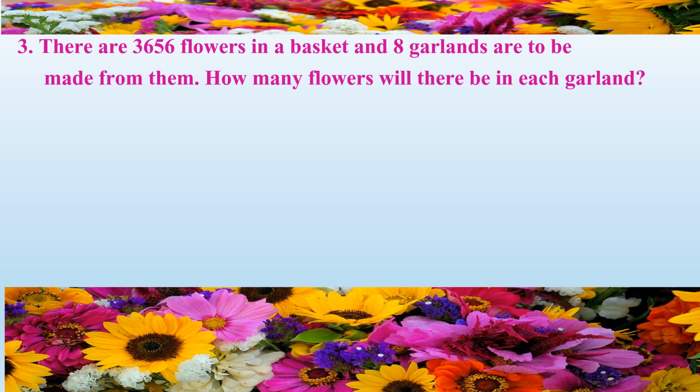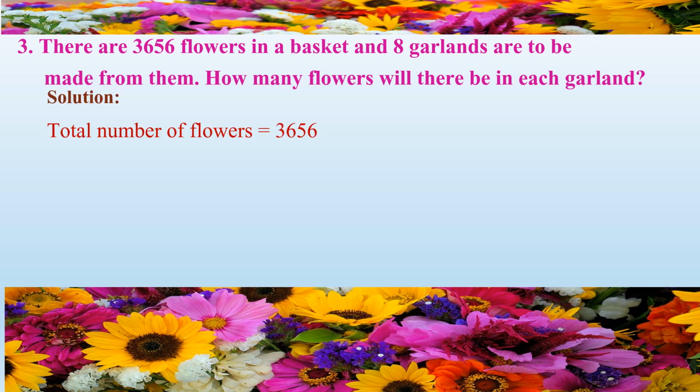Next question. There are 3656 flowers in a basket and 8 garlands are to be made from them. How many flowers will be in each garland? So total number of flowers is equal to 3656. Very good.